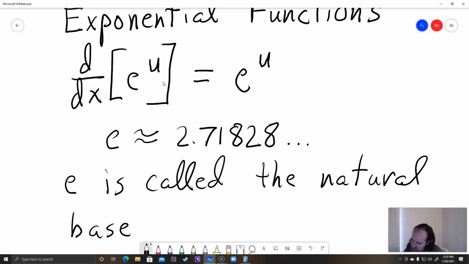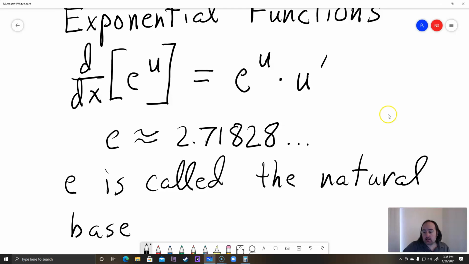Remember, the chain rule says you take the derivative of the outside function, inner left alone, and then you multiply that times the derivative of the inner function. So d/dx of e to the u equals e to the u times u prime. Probably the easiest formula in all of calculus.